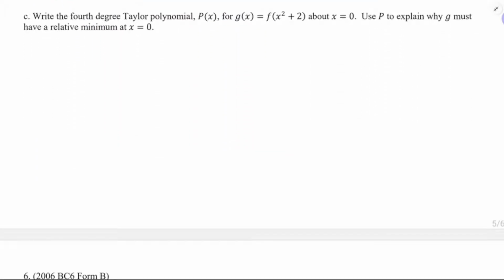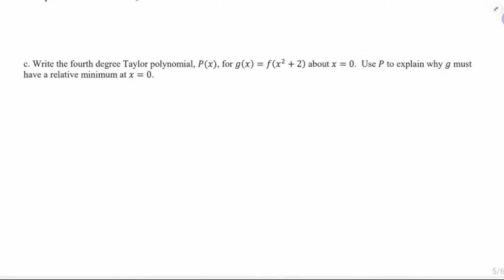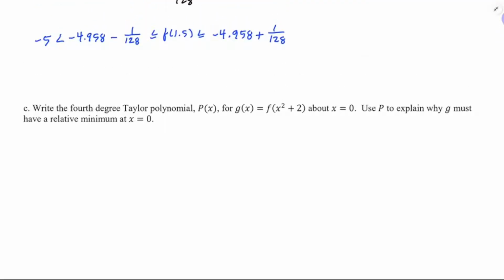So the next one is talking about write the fourth degree polynomial p of x for g of x equals f of x squared plus 2. Okay, fourth degree polynomial. We're going to want to go forwards on this one, not try to plug x squared plus 2 into the polynomial for f, although I think that would probably work.